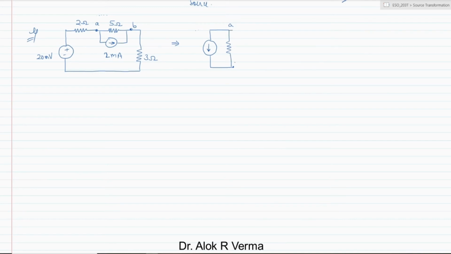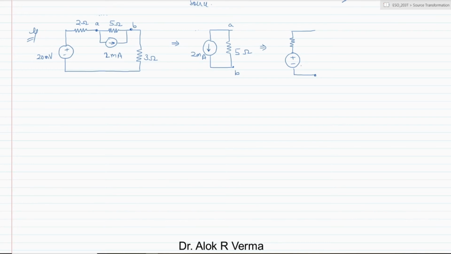So this is 5 ohm and this is your 2 milliamps. Now it is very clear that we have to convert into a voltage source where the resistance will appear in series and the ideal voltage source will appear like this.